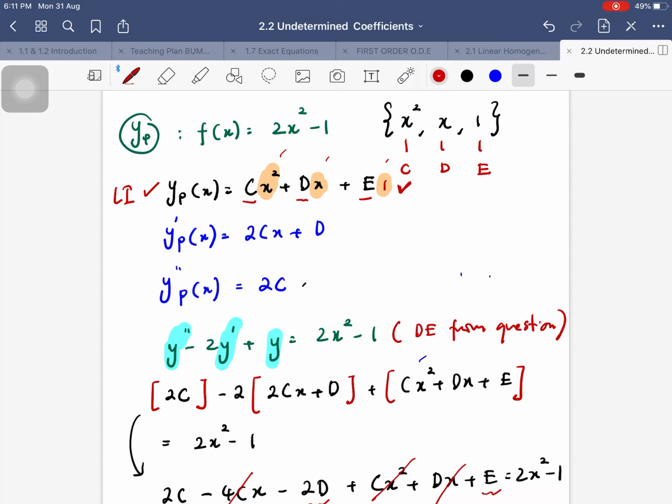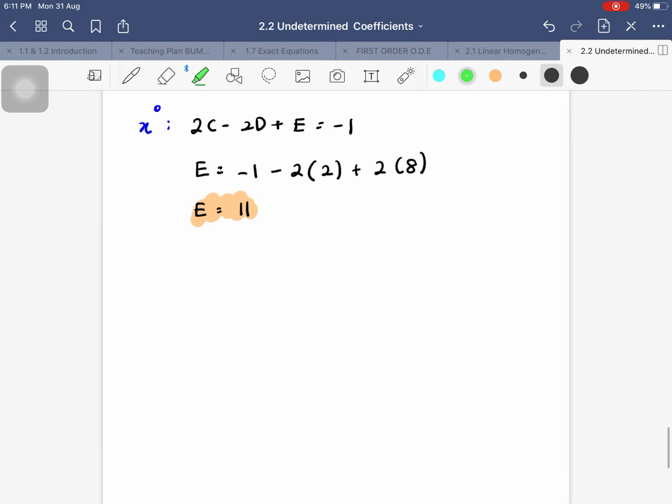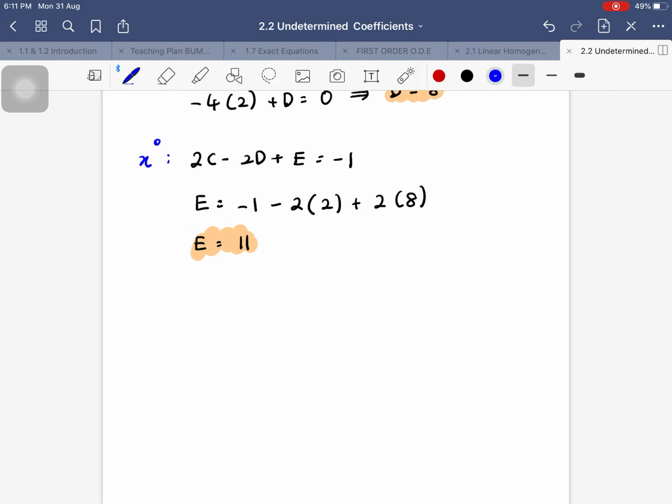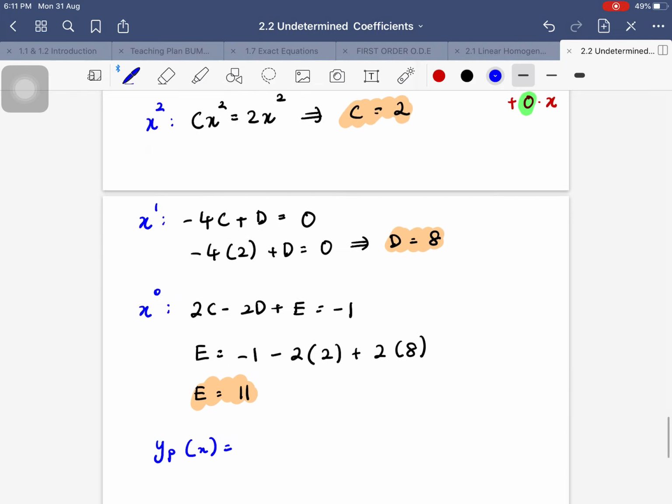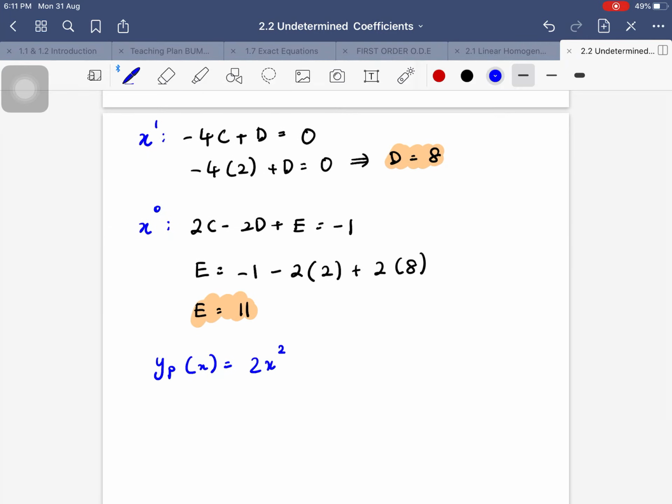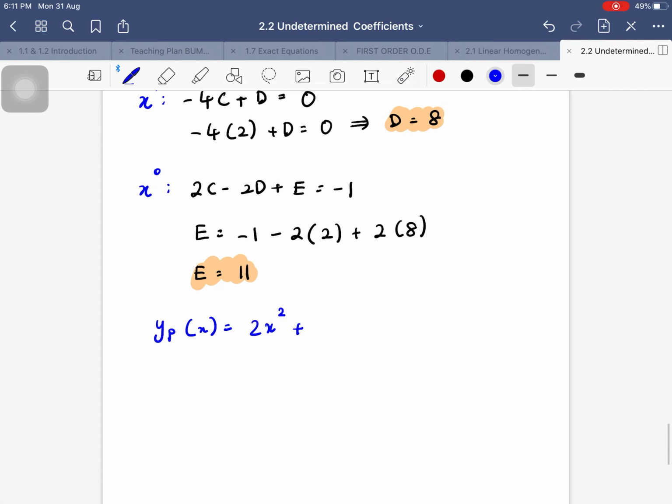So this is our second component, which is the yp. Now that I already figured out the value of c, d, and e, all I have to do is substitute back in here the value of c, d, and also e. So now I can write my yp of x for this case. That is going to be given by c, which is 2x squared, plus d, which is 8, so I'm going to have 8x, and e, which is going to equal 11.